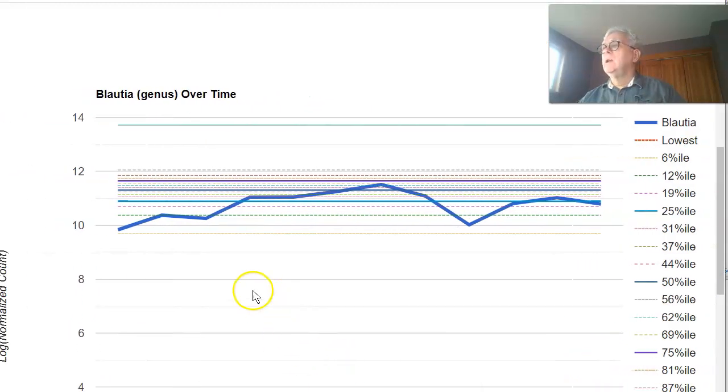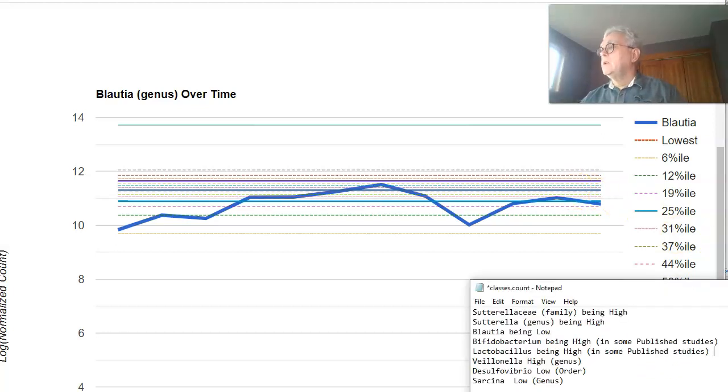And you see that it's generally below the 25th percentile, hopped up for a short while above, and then slipped back down, going up and coming down. Average is in agreement with the published studies and also the science of being low. So in theory, or conceptual theory, we would want to raise the level of the Blautia.